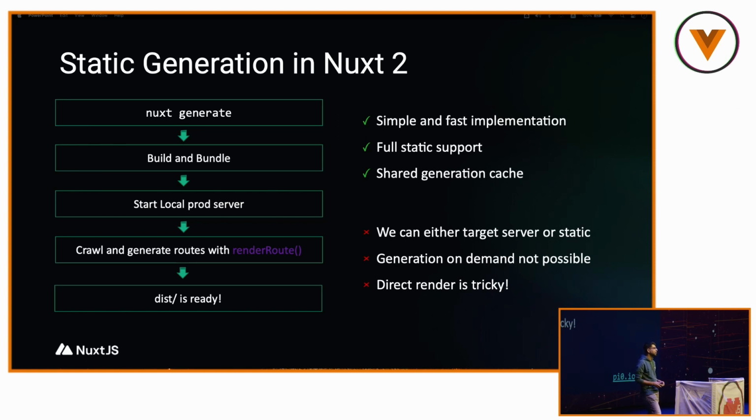Generation on demand is something that has been trendy in the past year or so. It's a shift away from purely static or purely server towards something shared, where we can have the best of both worlds. Instead of spending entire CI time, imagine you have a big website with thousands of pages, and each time you deploy, even for a small CSS improvement, the CI/CD has to pre-generate all of the possible pages.